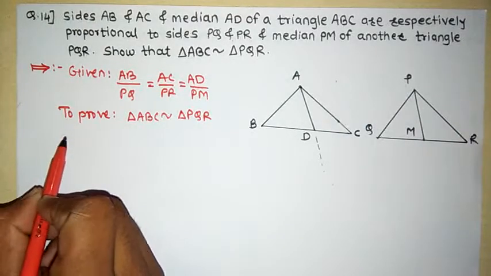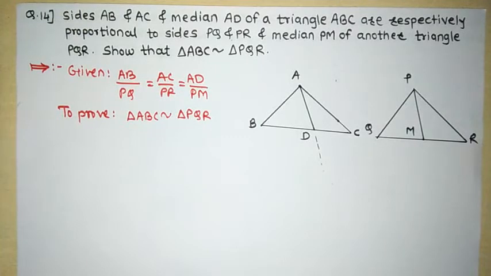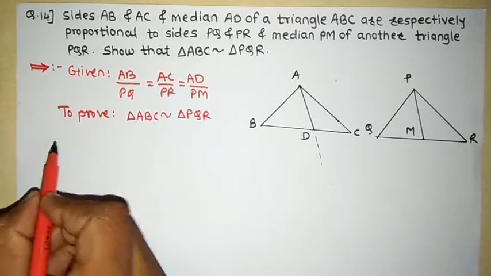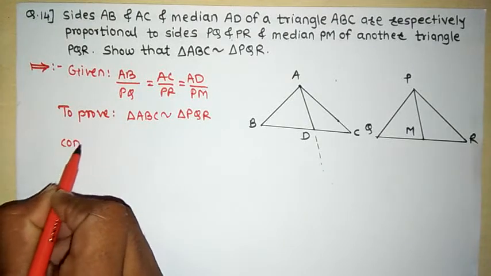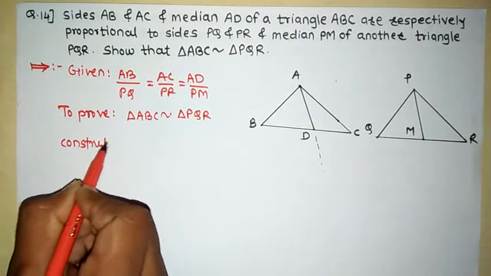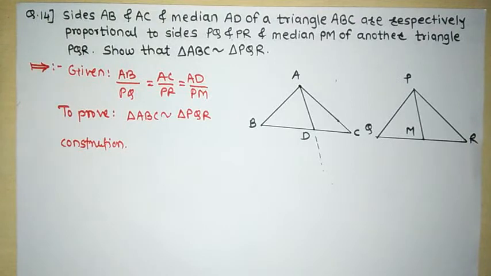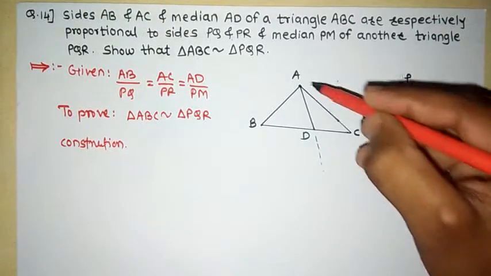See here, to prove triangle ABC is similar to triangle PQR, this question needs a special construction. See here, what is the construction? First, we have to produce AD.